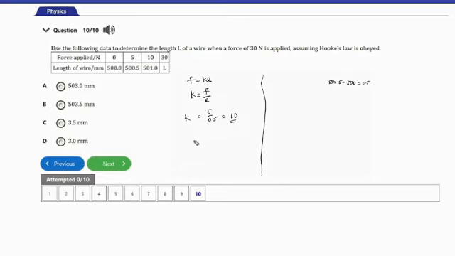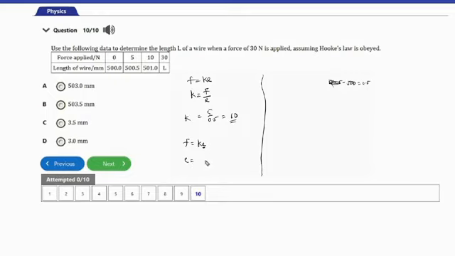So if we have k to be 10, we can now easily get the length of the wire when the force of 30 Newton was applied. We'll still do that F is equal to KE. So in this respect, we are going to find E, which is the extension, and then we'll now find the length by adding to 500.